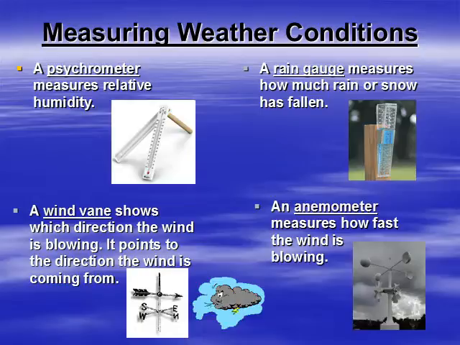It points to the direction the wind is coming from. And an anemometer measures how fast the wind is blowing. So these little cups down here spin around this pole, and I have a small anemometer up in the front of the room you can take a look at so you can see how that works.